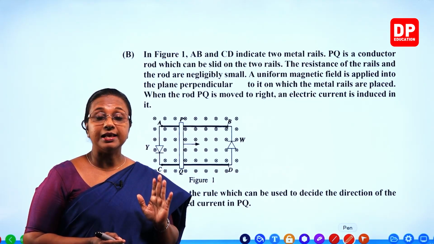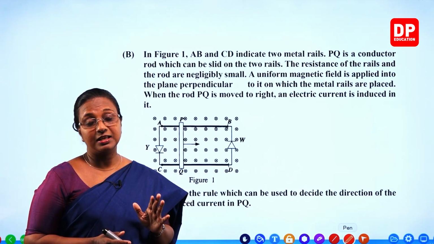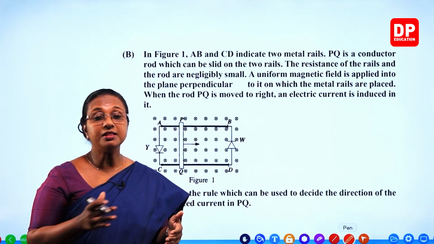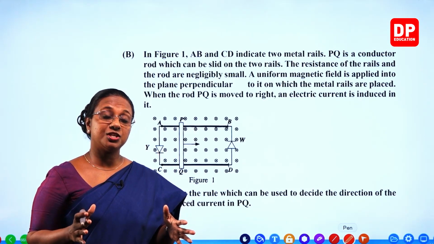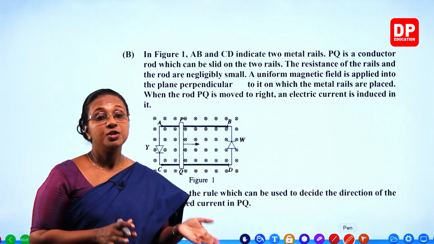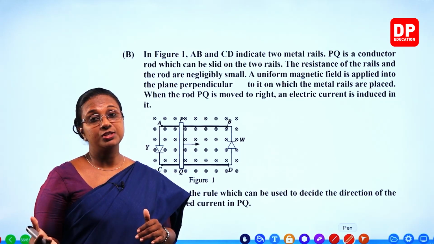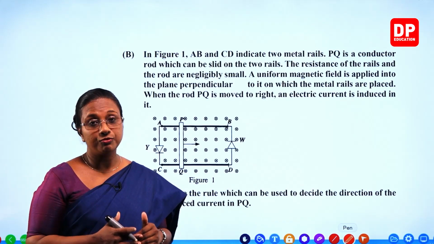So you all know in electromagnetic induction, there should be a change in the magnetic flux. When the magnet is stationary, there should be a movement of the conductor, or if the conductor is stationary, the magnet should move. So that it results in a change in magnetic flux that will induce an electromotive force which will make an electric current flow.